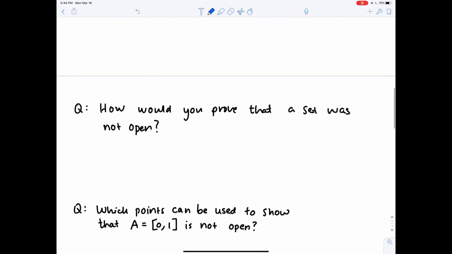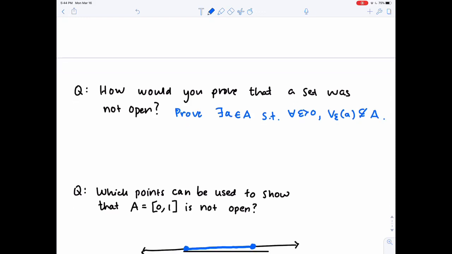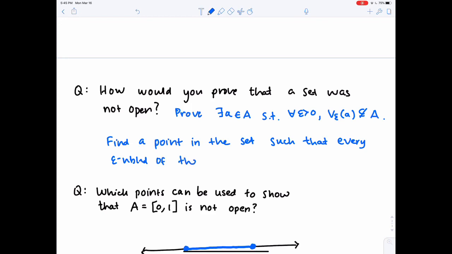If you just take a blanket negation using your negation rules, what you would need to prove is that there exists a little a in capital A such that for any epsilon I pick, V epsilon of a is not a subset of A. So we really need to find a point in the set such that every epsilon neighborhood of that point contains values outside the set.